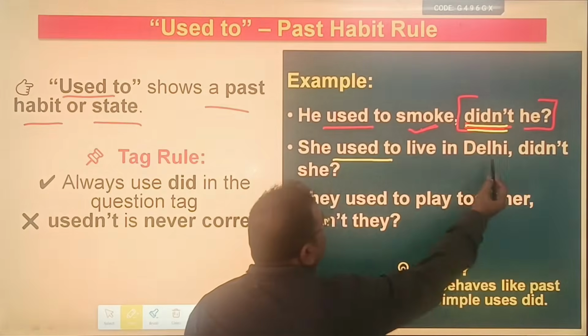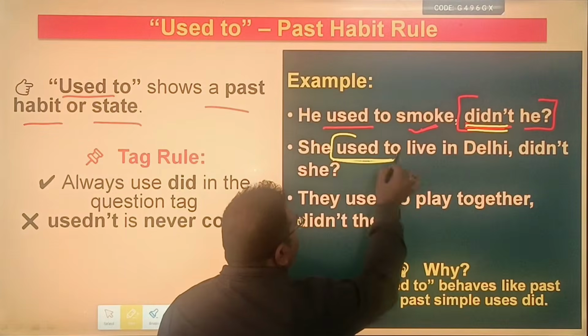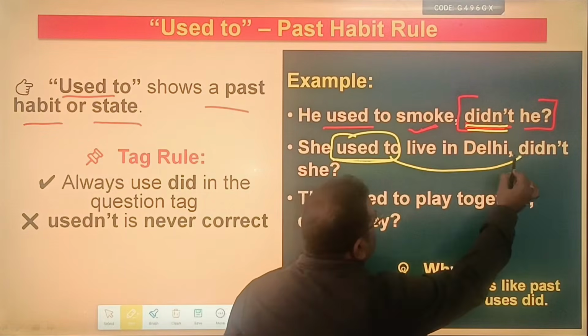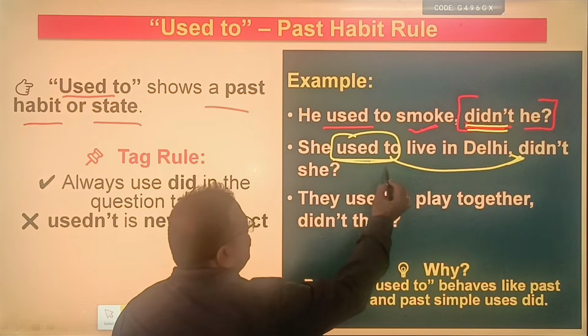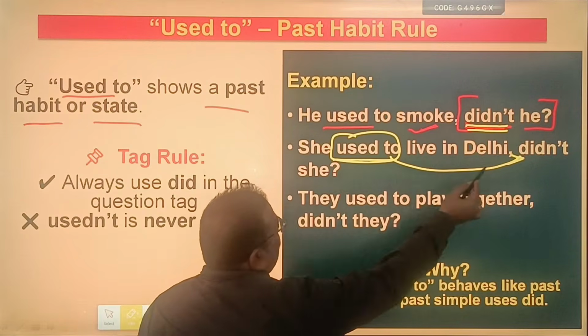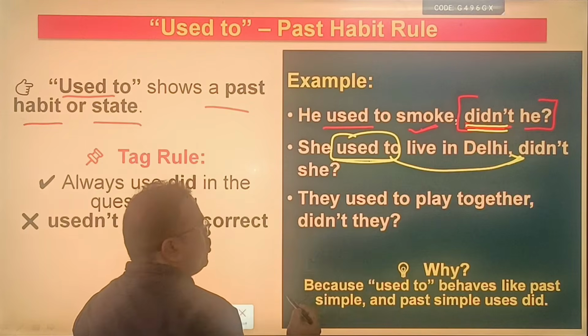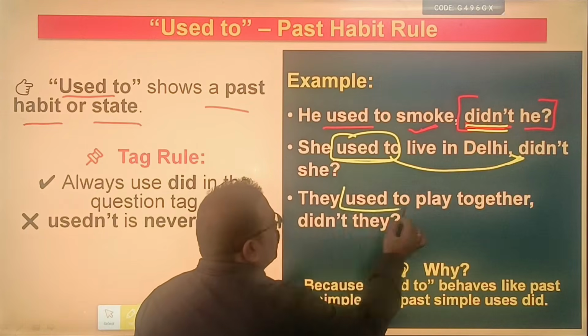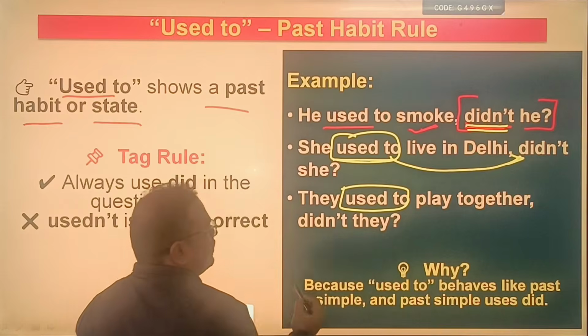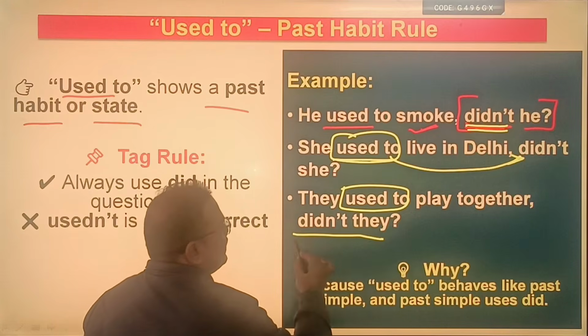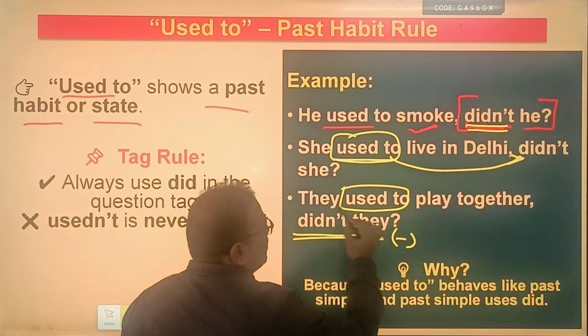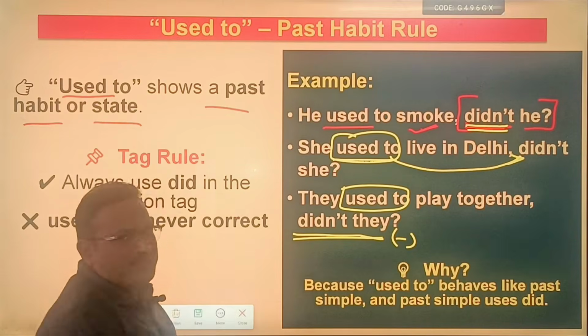She used to live in Delhi. So used to will take what? Didn't. Why didn't? Because this is positive, so the question tag will be negative. Didn't she? They used to play together. What will the question tag be? Didn't they. Why negative? Because the statement is positive.